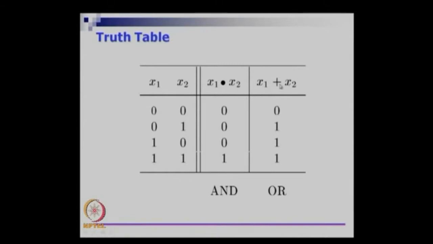So always read the plus as OR for the first few lectures, and once you are comfortable with this notation that plus is OR and dot is AND, then you can say dot and plus. Till then I would recommend that you use AND and OR. So as of now, this column is for x1 or x2, and we use the symbol plus for OR.